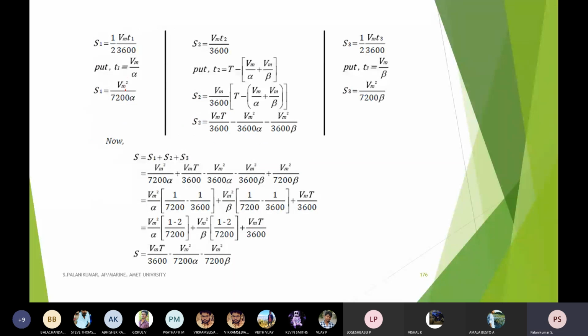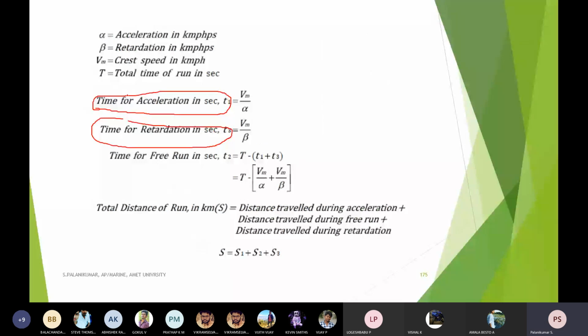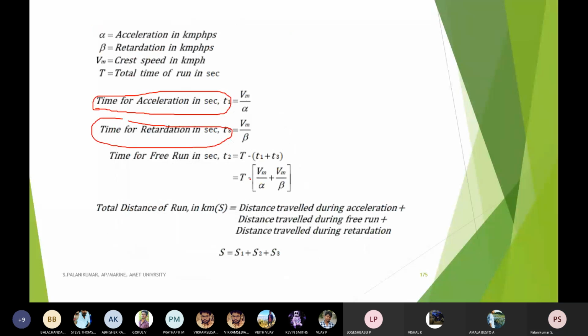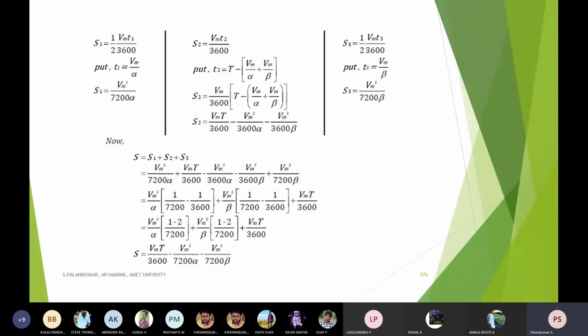So if I take S1, the distance traveled during acceleration, this is a triangle, so you know how to calculate the area of this. It is half into Vm T1 divided by 3600.